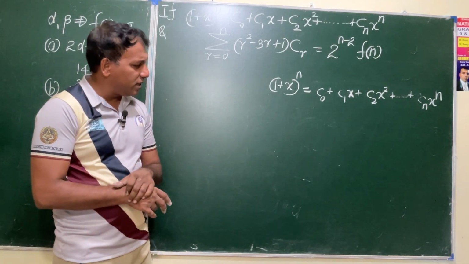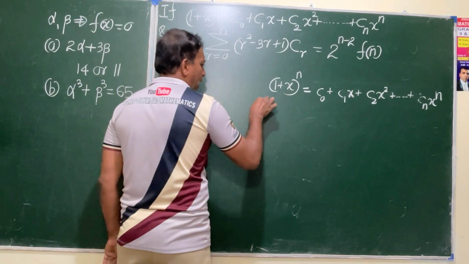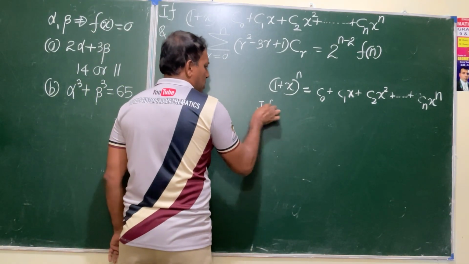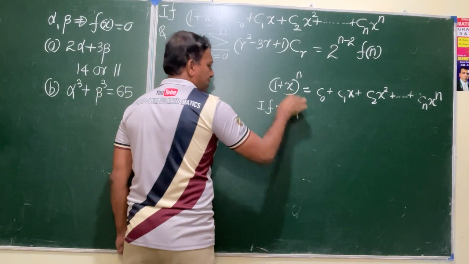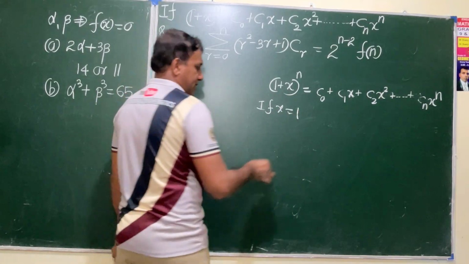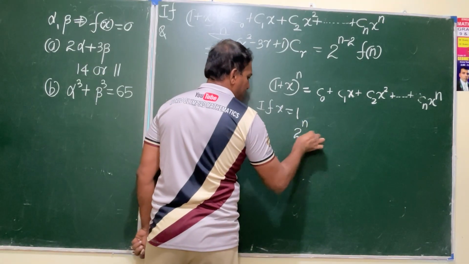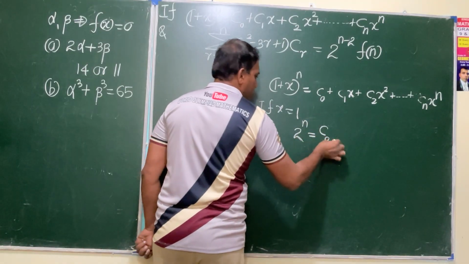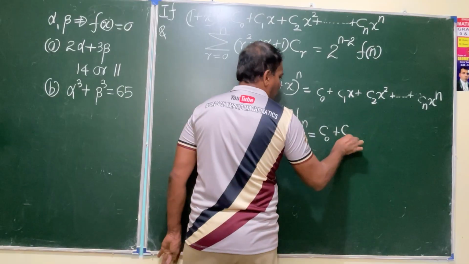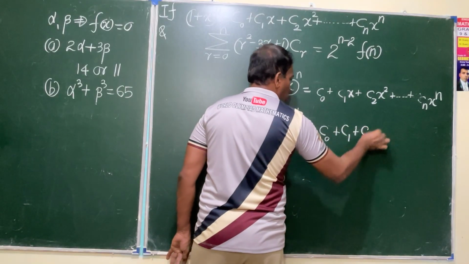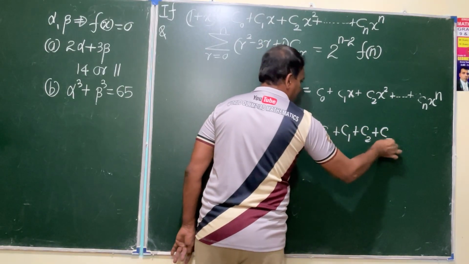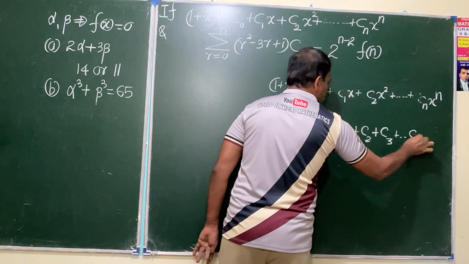I will show a few here. See what happens if we put x equals 1. If we put x equals 1 here, what is the answer? 1 plus 1 is 2, so 2 to the power n equals C0 plus C1 plus C2 plus C3 and so on up to Cn.